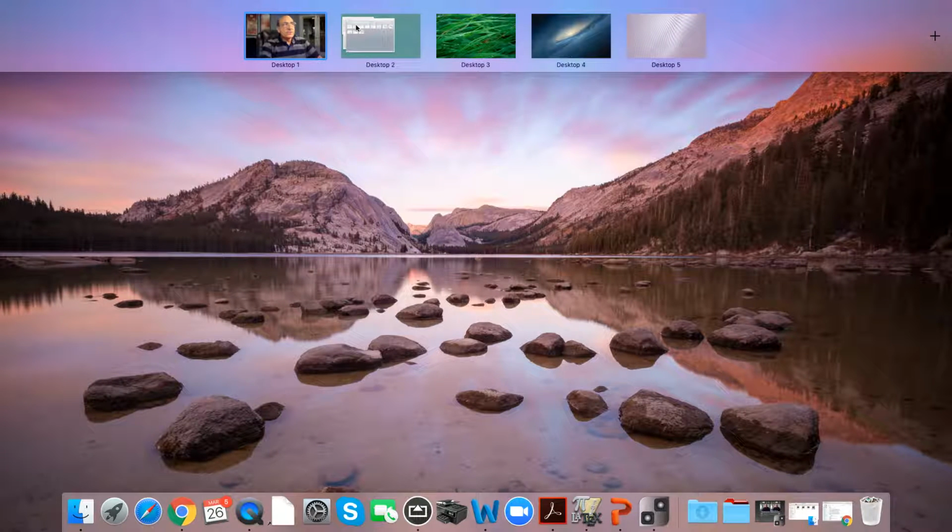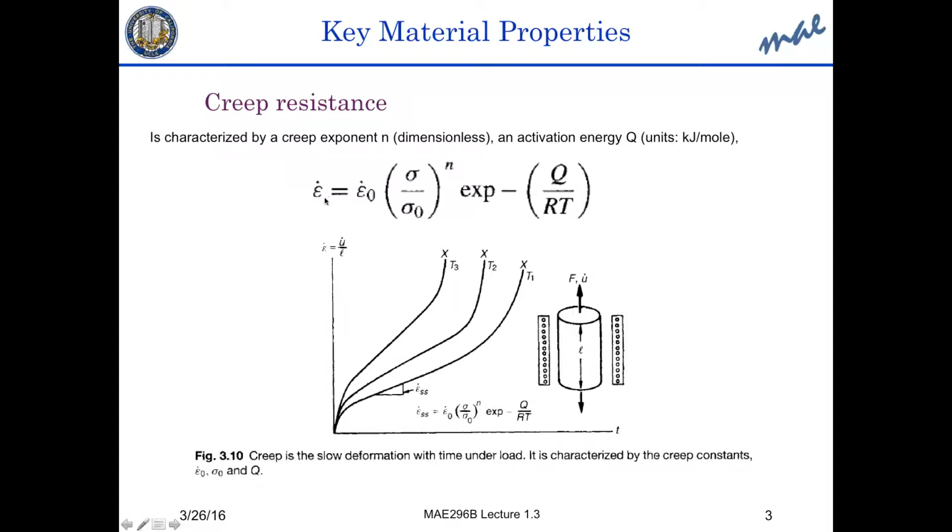So in this case, although we haven't lost the strength of the material, it elongated so much that it is not functional anymore. So there are limitations on the creep strain that we can consider. So in this case, the property we look at is the creep rate.